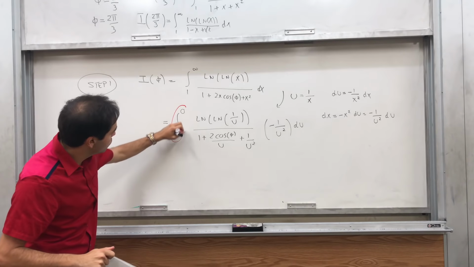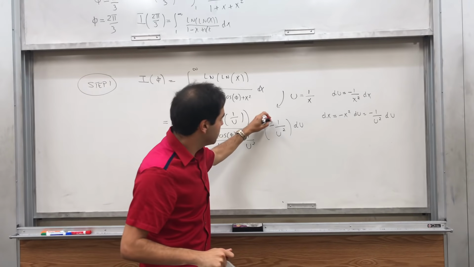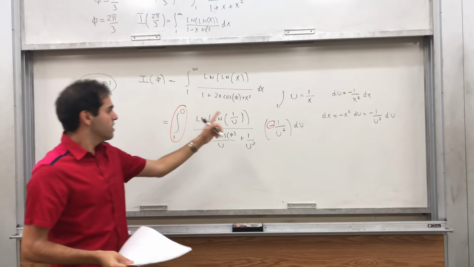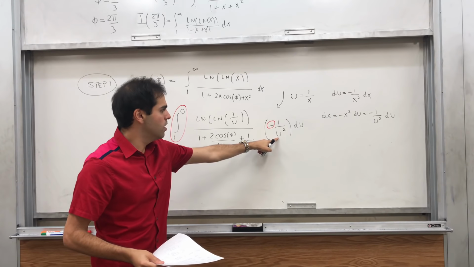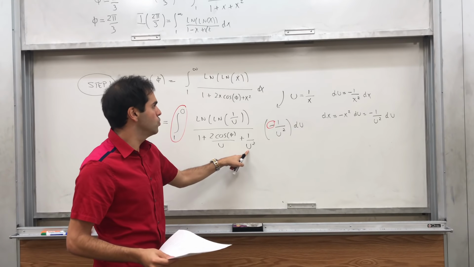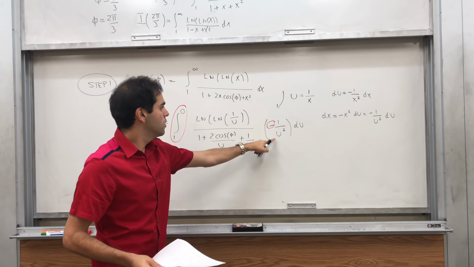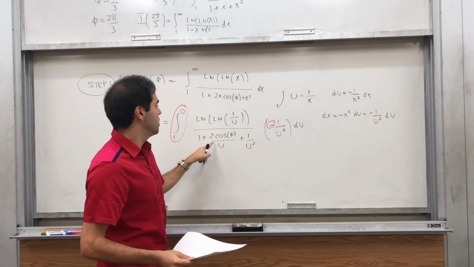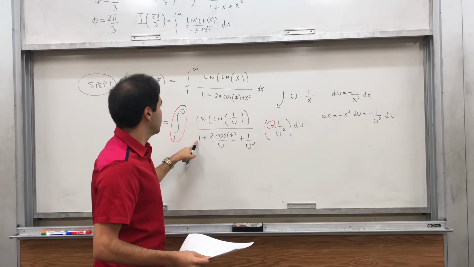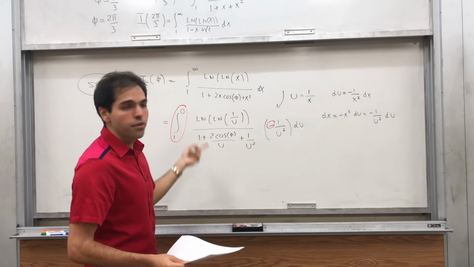It would be nice to correct the bounds, but really this minus takes care of that. And then the beautiful thing is, for the denominator, u squared times 1 over u squared, that's 1.